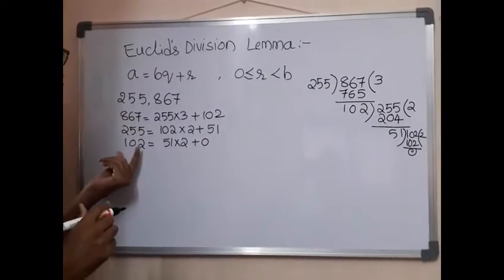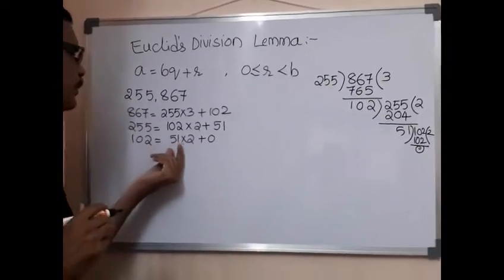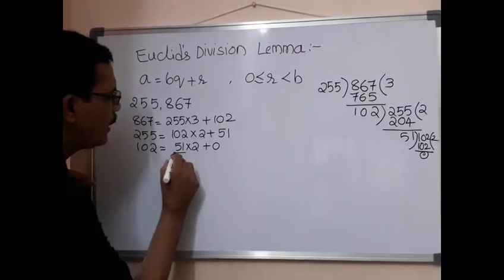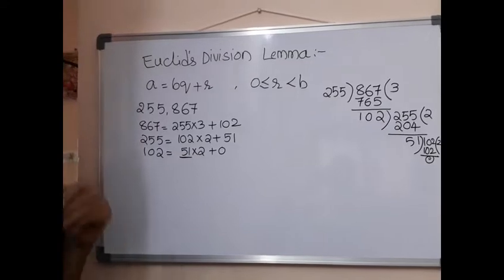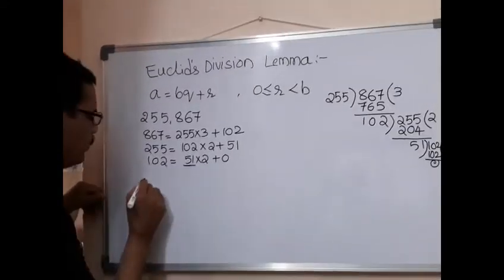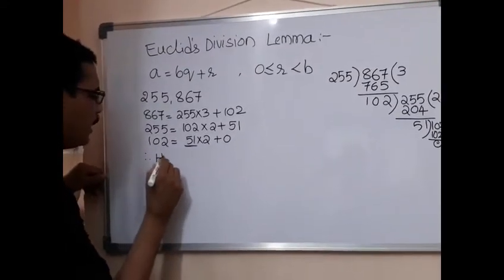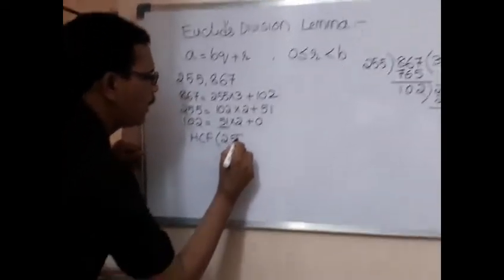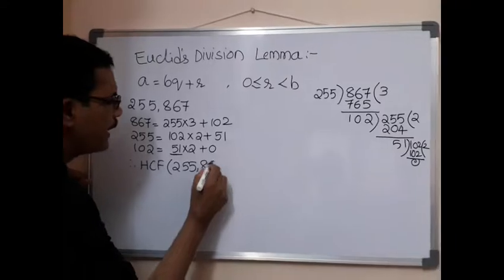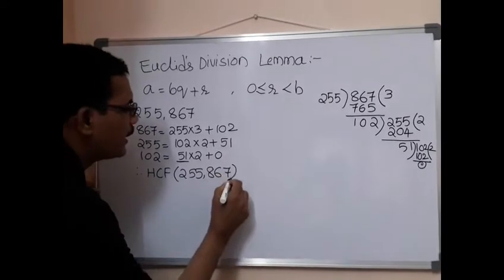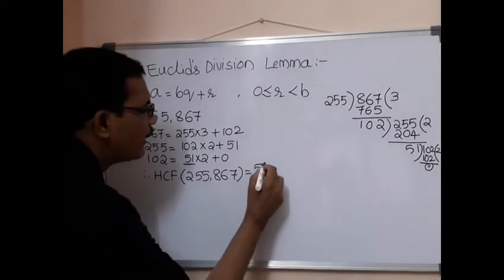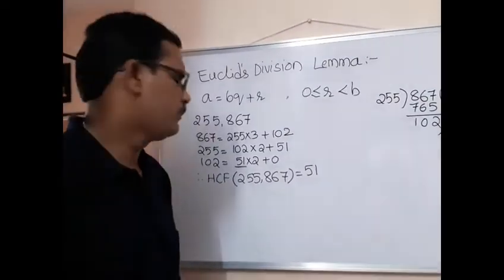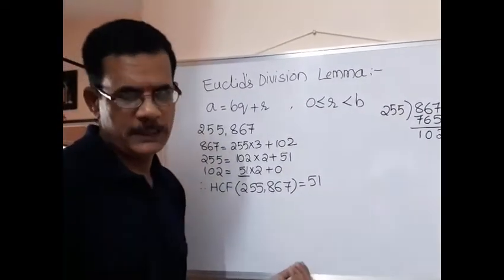In this last step, in a = bq + r form, this b is called the HCF of the given numbers. Therefore, HCF of 255 and 867 is 51. In this way, we will find the HCF of two positive integers.